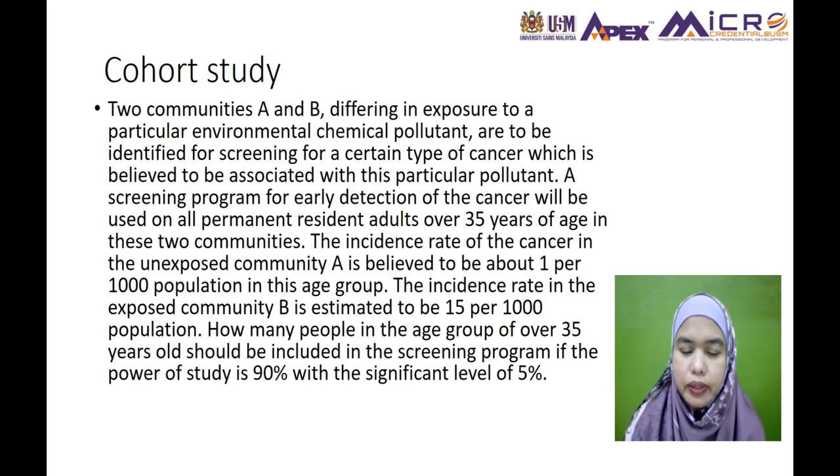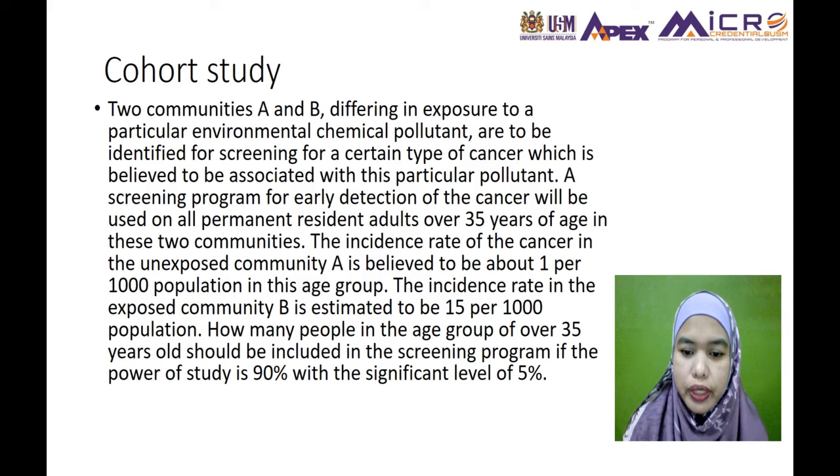This is an example for a cohort study. Two communities A and B, differing in exposure to a particular environmental chemical pollutant, are to be identified for screening for a certain type of cancer which is believed to be associated with this particular pollutant.